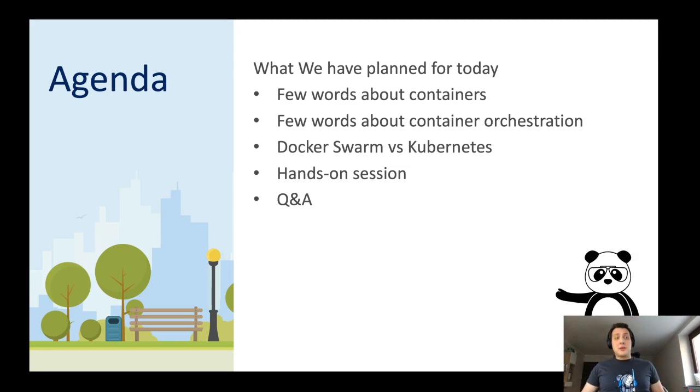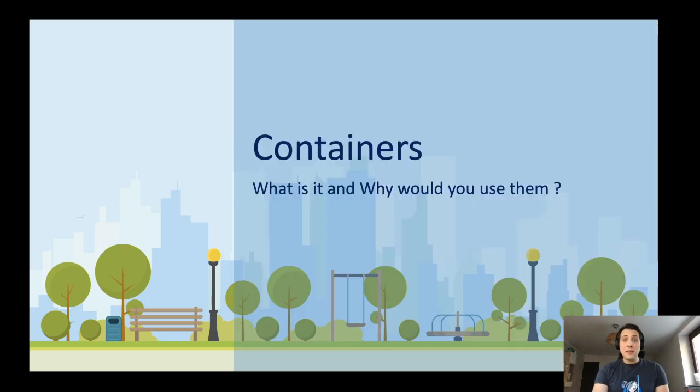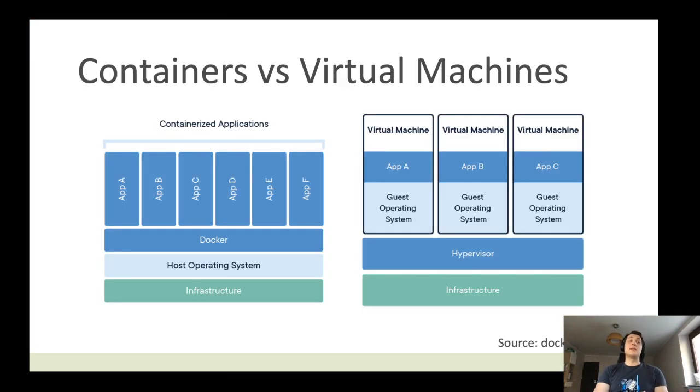Right. So containers. Let's start with those. What actually are containers? In a very short version, because we could go on for an hour about what containers actually are, I think the simplest way to explain how they work is to compare them to virtual machines.